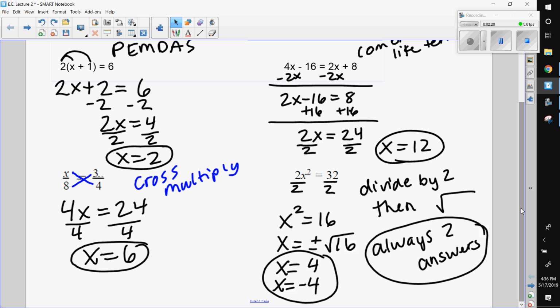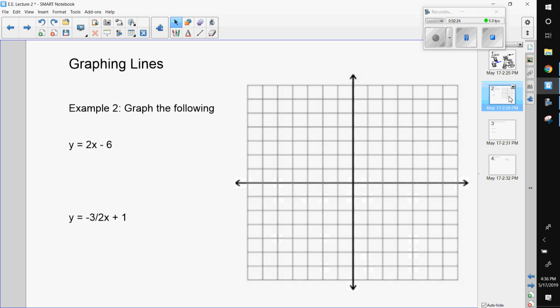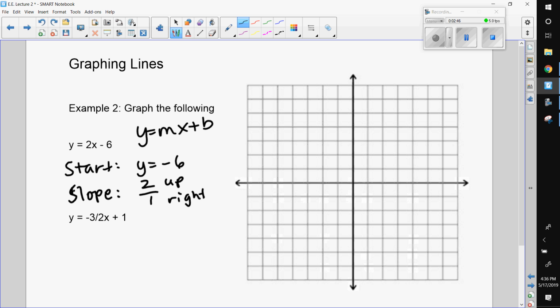Okay. Moving on to the next one. We've got graphing lines, and they'll ask you about this too, and this should be something that you remember. Both of these are in y equals mx plus b, which means that you're going to start at y equals negative 6, and your slope here is 2 over 1, which means you're going to go up 2 and to the right 1.